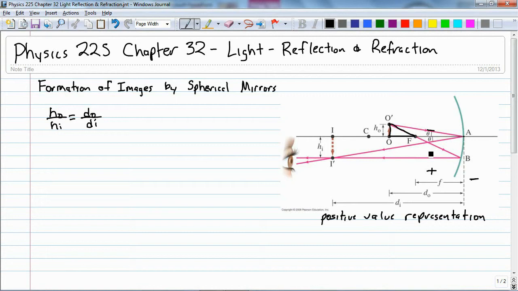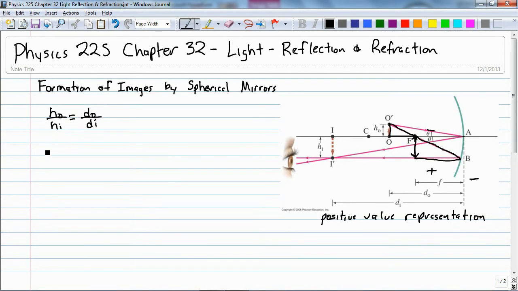Okay, and now since this line from B to I prime is parallel, then I have the same distance from the focal point down to this line from B to I prime, and then I'm going to have a similar triangle from the focus to B back to this new image distance and back up to F.